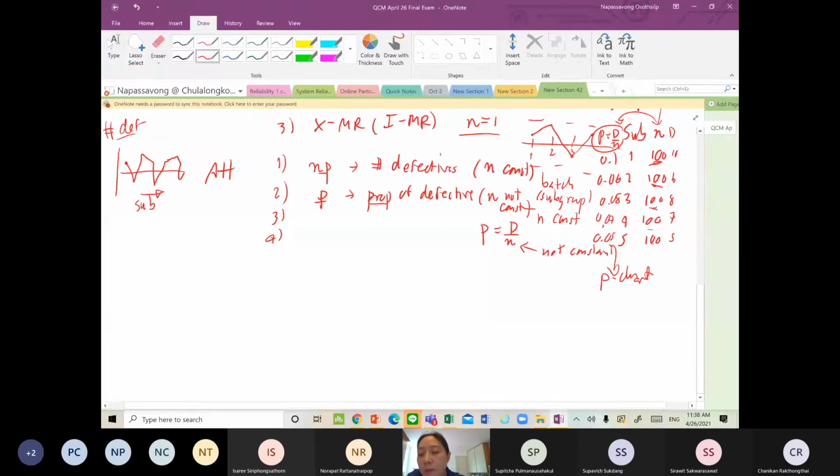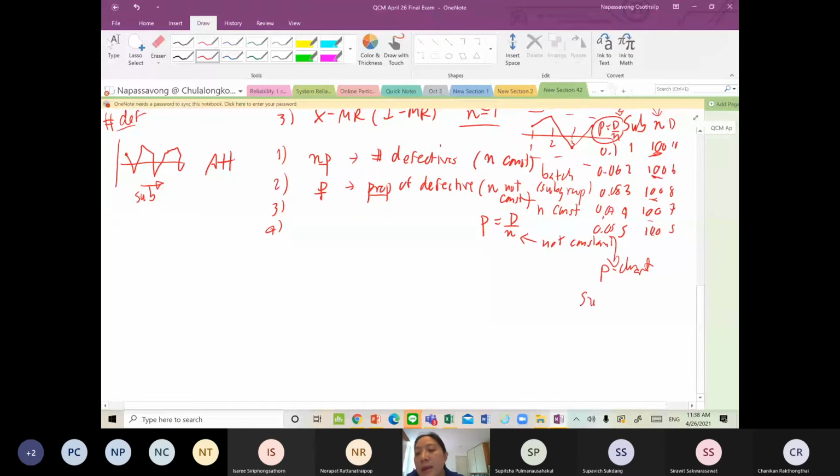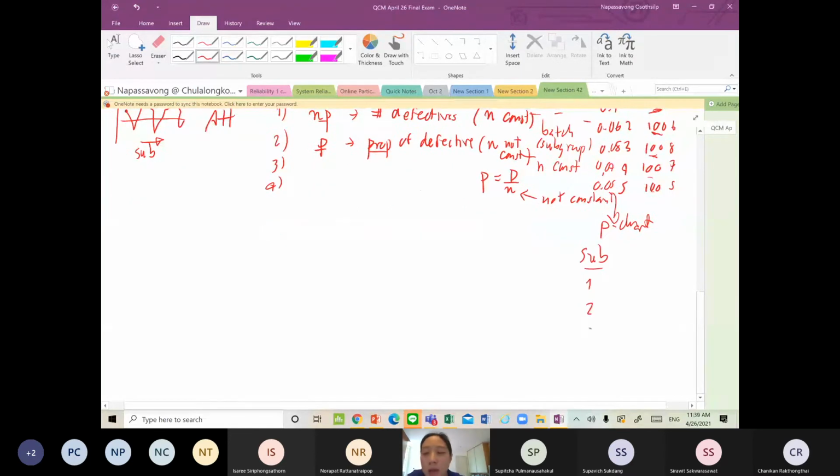If you have 5 subgroups, when n is not constant, in subgroup number 1 we have 100 parts. Second group, you may have 80, so it's not constant. And then if you collect the number of defective, D, we can call it NP, the number of defective.